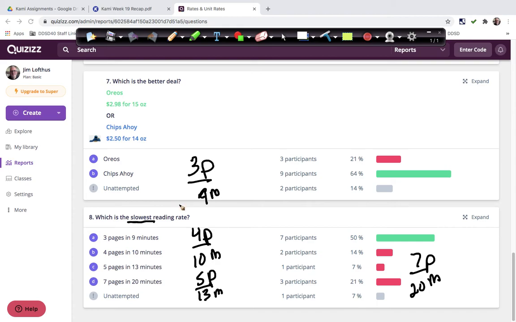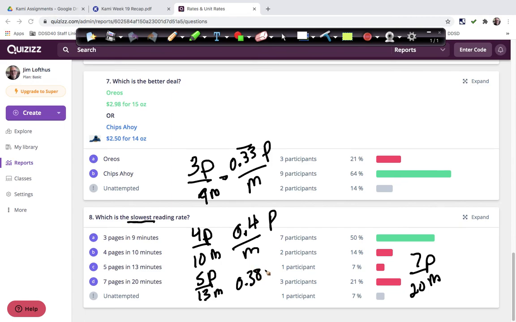So let's see, we've got 3 divided by 9, that's going to be 0.33 repeating pages per minute. This is going to be 0.4 tenths of a page per minute. And let's see, 5 divided by 13 is 0.38.